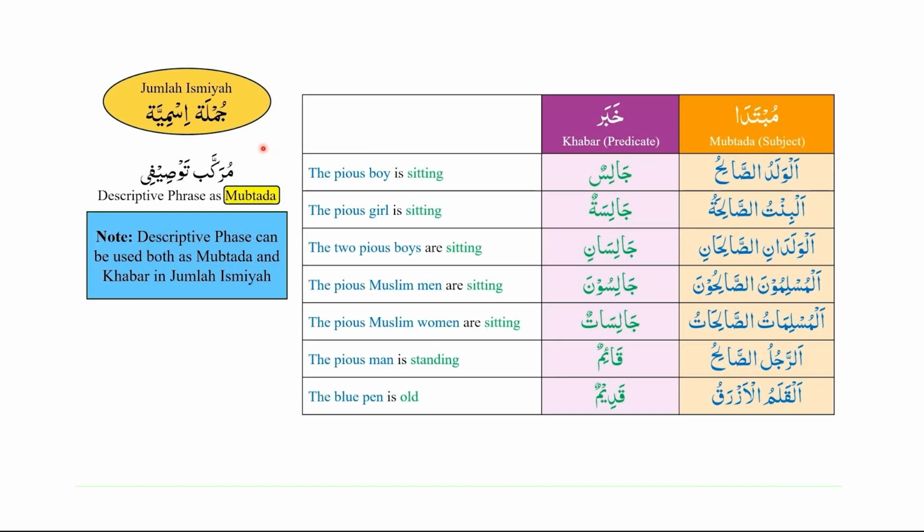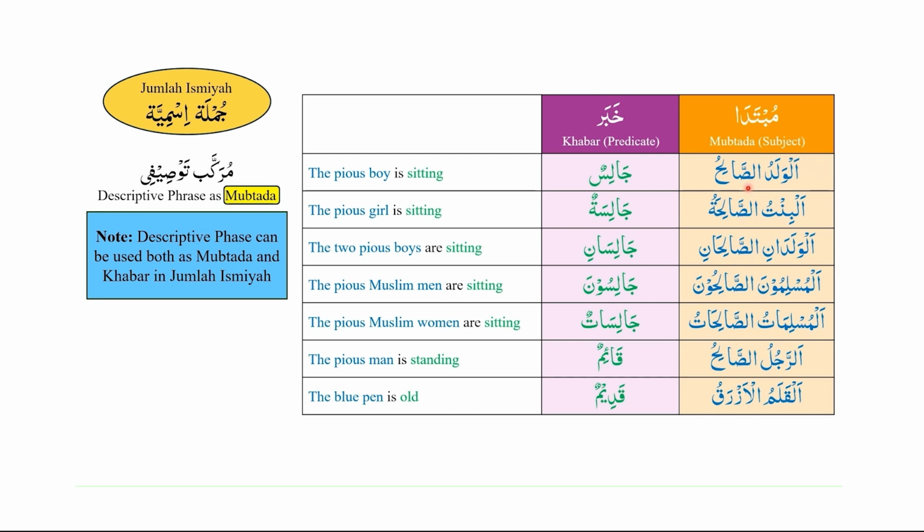Next we will use murakkab tawsifi or descriptive phrase as mubtada in Jumla Ismiyah. Please note that descriptive phrase can be used both as mubtada and khabar in Jumla Ismiyah. In the following table, we will use murakkab tawsifi as mubtada in Jumla Ismiyah.